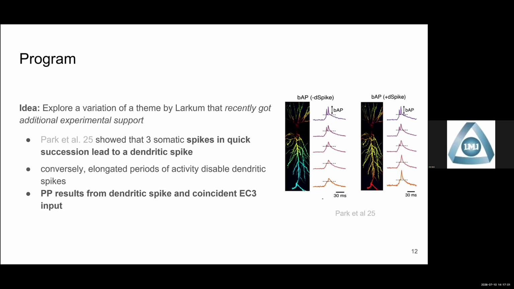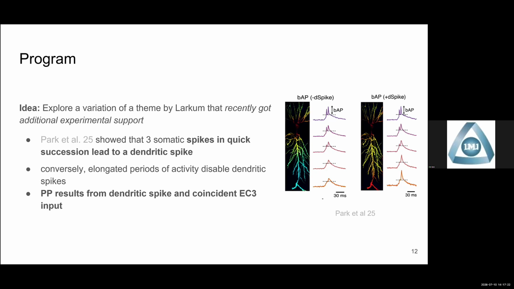What I know about dendritic spikes is that if we have a lot of EPSPs before, the back propagation of the action potential should be lower, not higher. Yes, basically. So elongated periods of activity disable dendritic spikes.